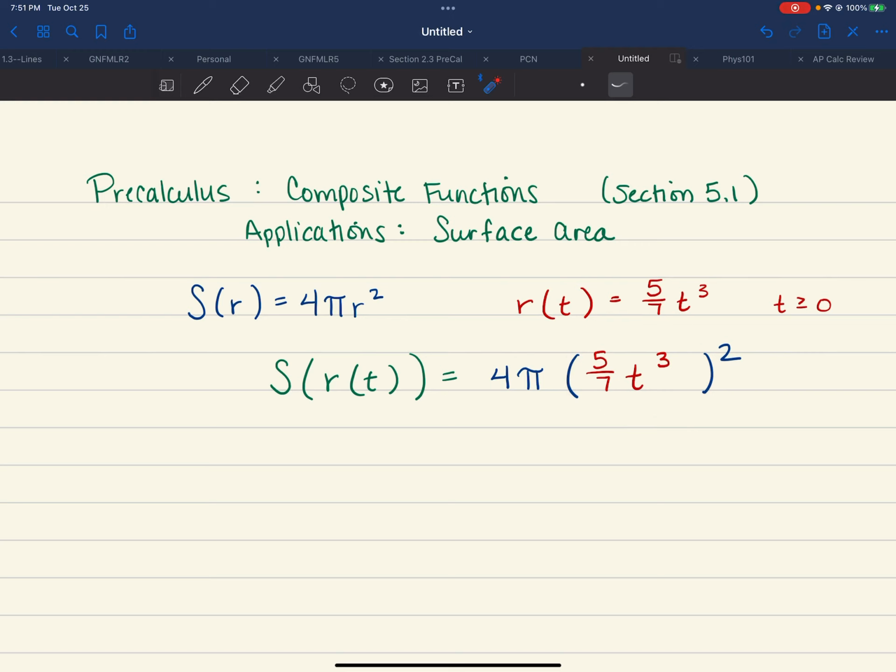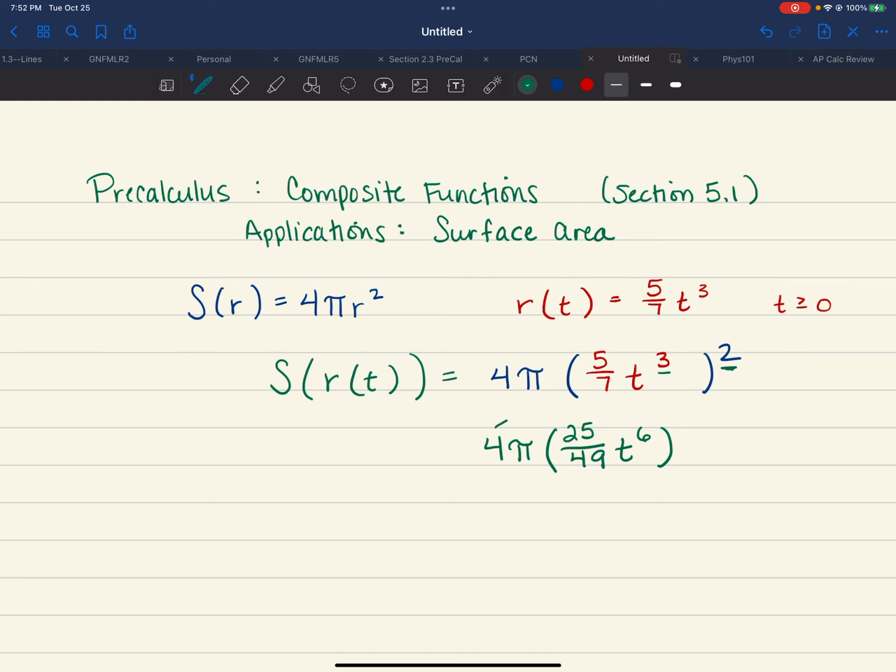I don't know if you guys remember from Algebra 2, but when you have something to a power and then you square it, you actually multiply the exponents. If it was just t to the third times t squared, you would just add them. So here we're going to multiply those. We have 4 pi times, let's square my 5, that's 25, over square my 7, that's 49, and then that t gets multiplied by this 2, so that's t to the 6.